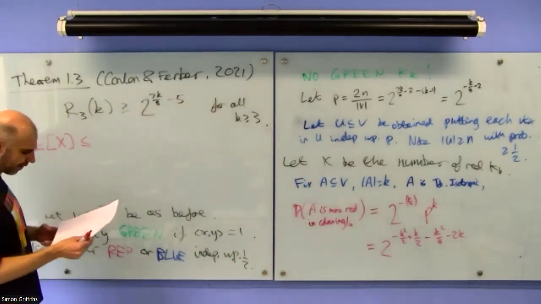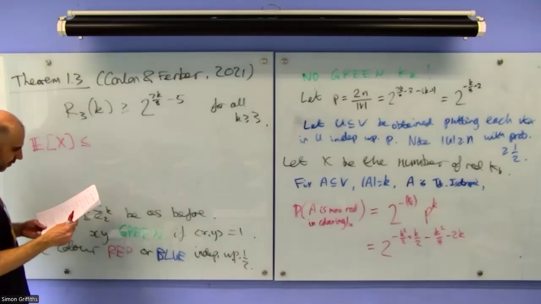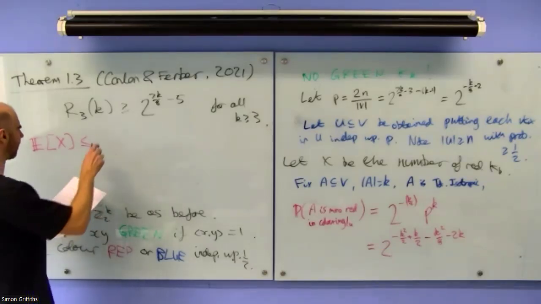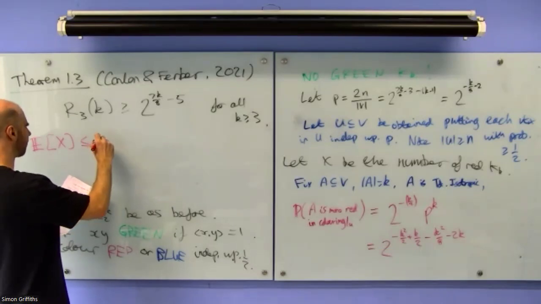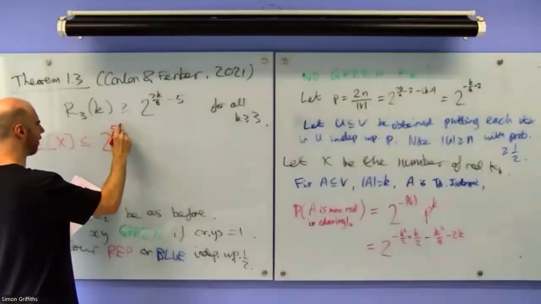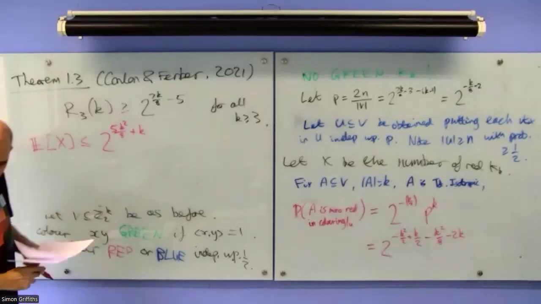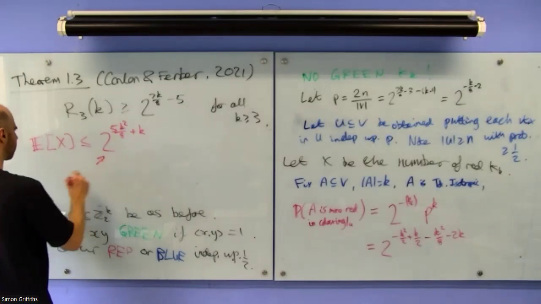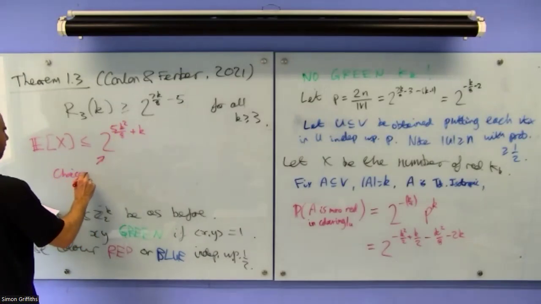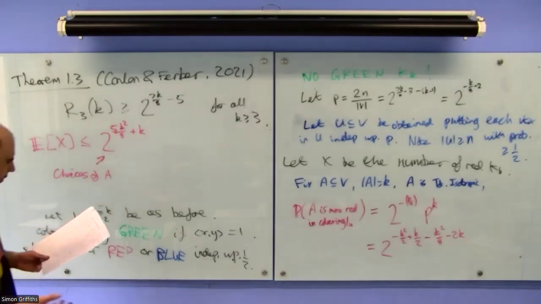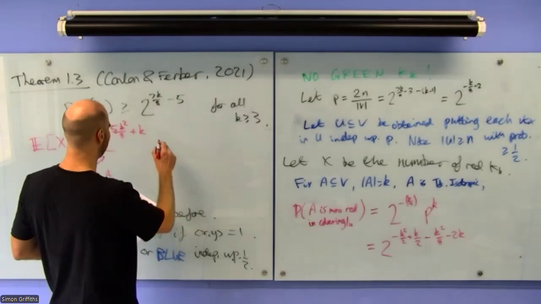We have a bound on the number, which gives 2 to the 5/8 k squared plus k. This is an upper bound on the number of choices of A, by Lemma 1.2, and we have this probability, right?